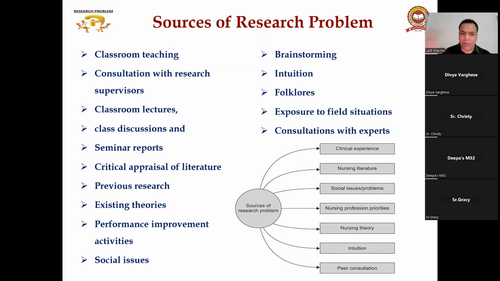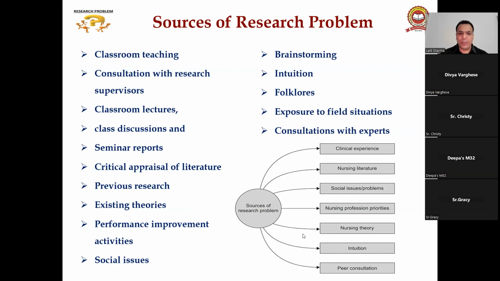The sources are: classroom teaching, consultation with the research supervisor, classroom lectures, classroom discussion, seminar reports, critical appraisal of literature, previous research, which sometimes you have to modify, existing theories, performance improvement activities, brainstorming, intuition, folklores, exposure to field situation, consultation with experts. So these are basically the sources of the research problem.